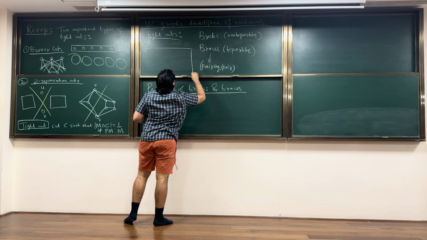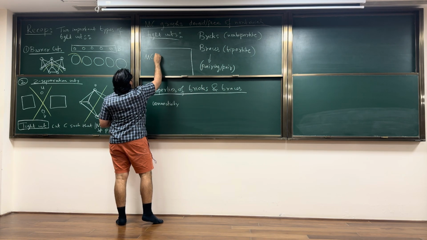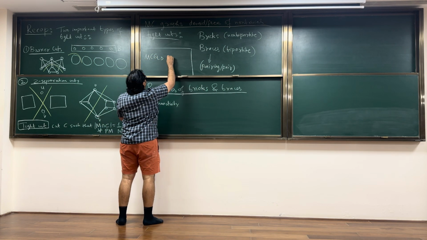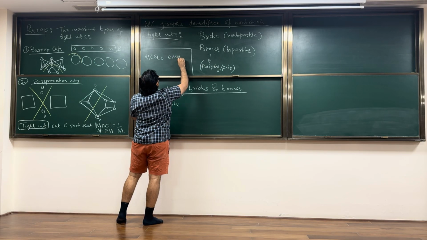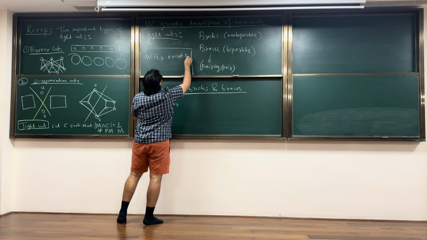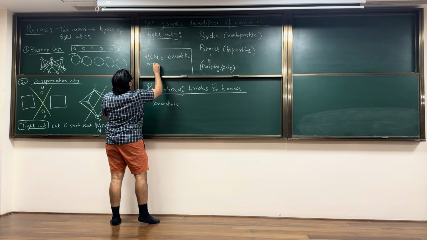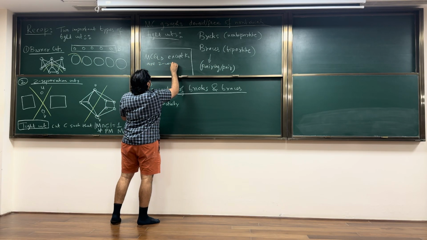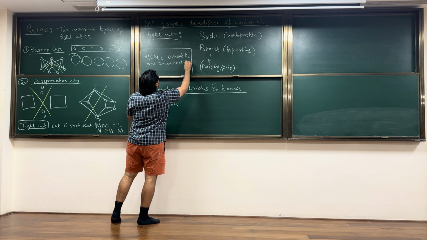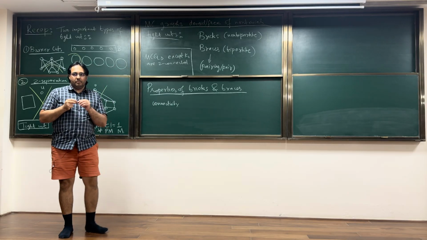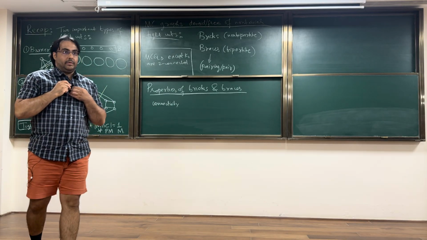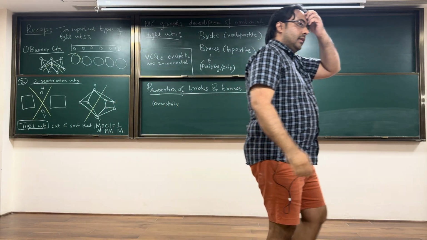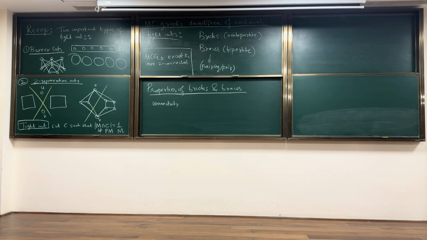Right? That we know. We know that matching covered graphs except K2 are two connected. So anyone else? Can we say something stronger about bricks and braces?